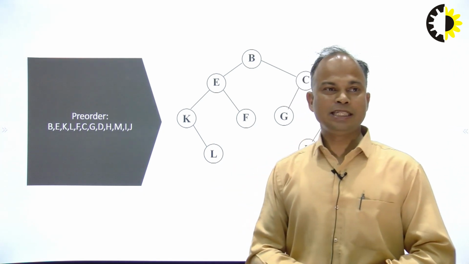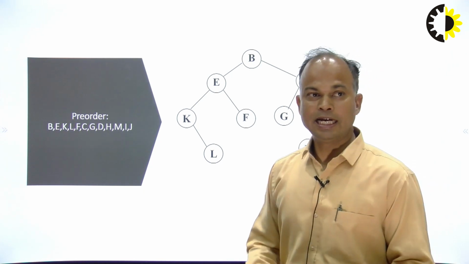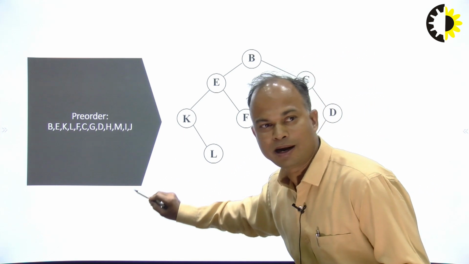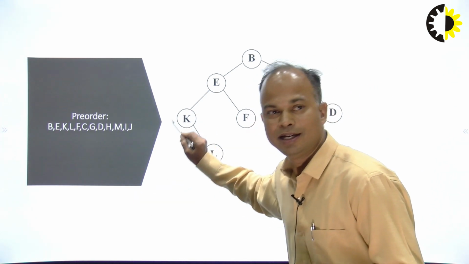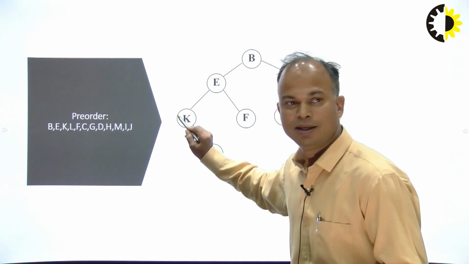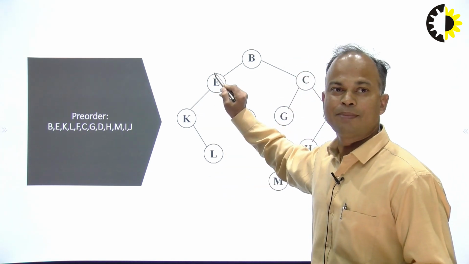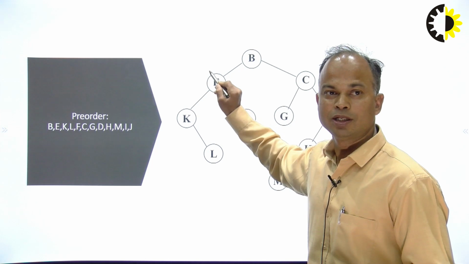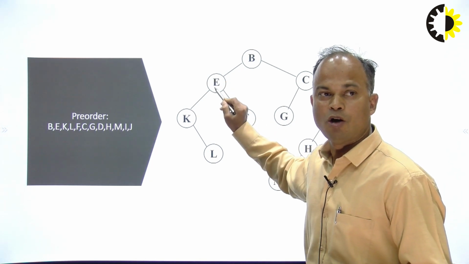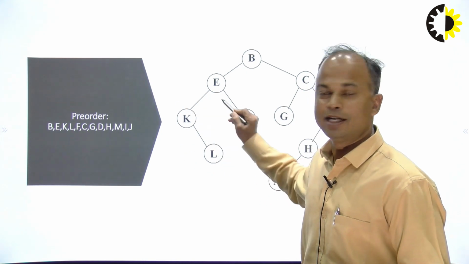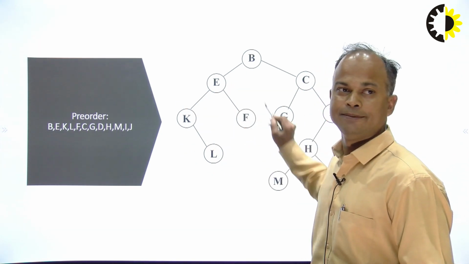After visiting L, you can conclude that the root is visited, the left part has no node, and the right part is visited. So go one step upward. This is the root of the left subtree. We have visited the left subtree. Now visit the right subtree.